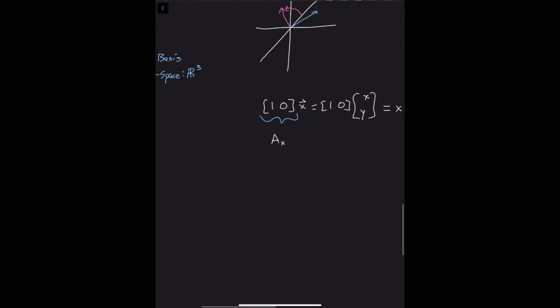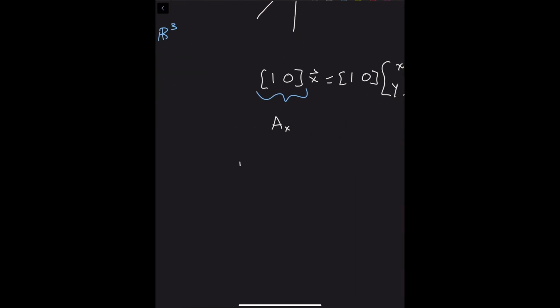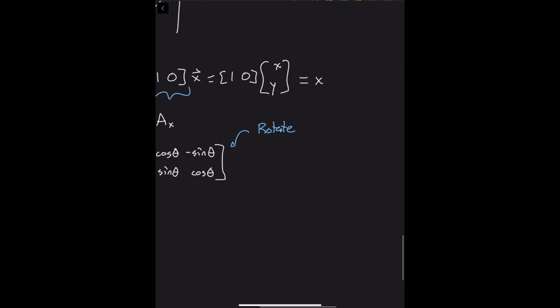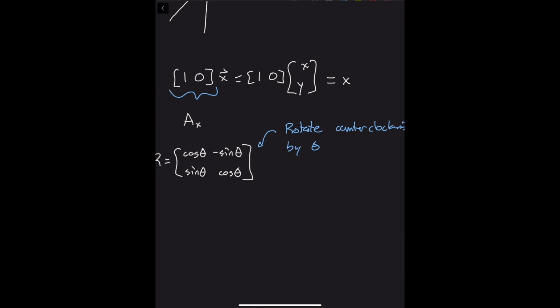Another example I like to use is if we define the matrix R equals cosine of theta, negative sine of theta, sine of theta, cosine of theta. This acted on a vector will rotate it counterclockwise by theta in 2D.